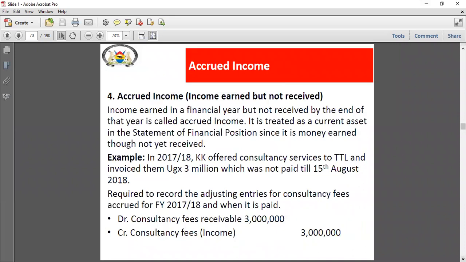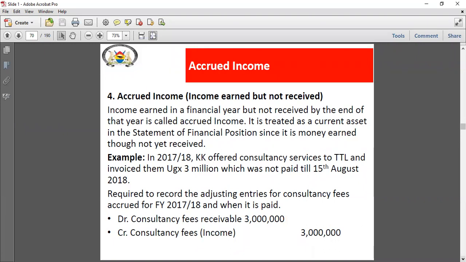So I want to also give a highlight on accrued income. Now, accrued income, just like we saw accrued expenses, is income you've basically earned. You've provided a service. For example, if we are finishing a financial year and I've provided you maybe teaching services, but maybe you've not paid me, I have the right to recognize that income or that revenue, because I've already offered the service.